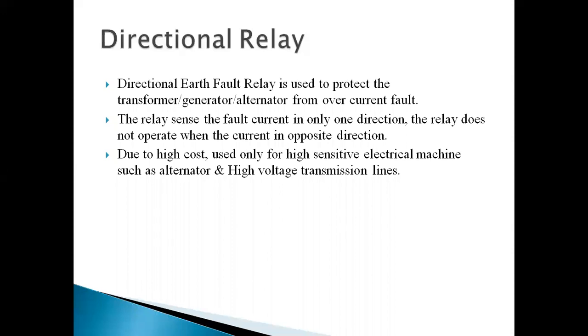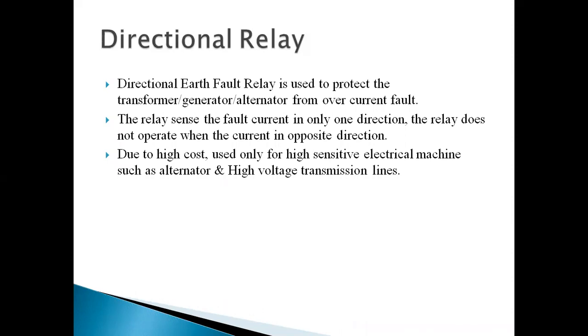The first is the directional element, and the other section is the non-directional, or overcurrent, element. When the current flows in the secondary only, this relay will operate.